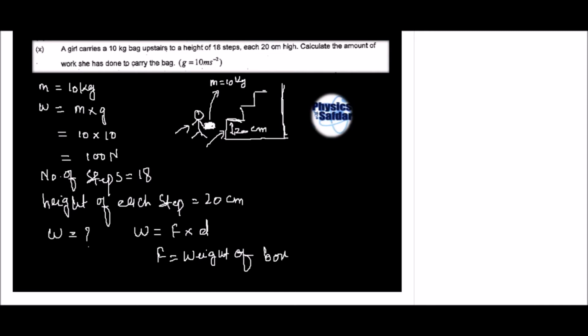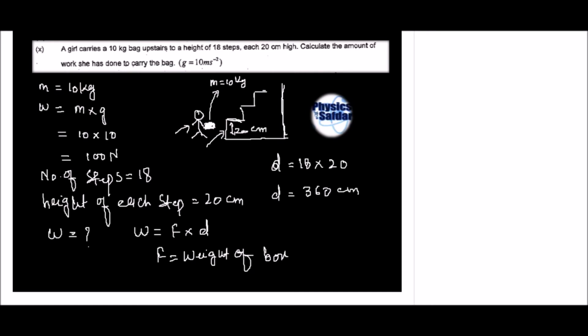The distance you can calculate as number of steps times the height of each step. After the multiplication, we get 360 centimeter.